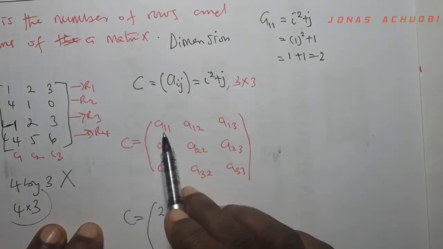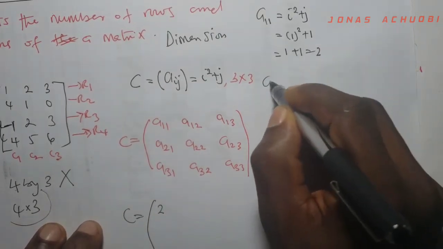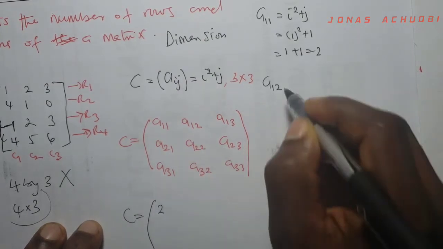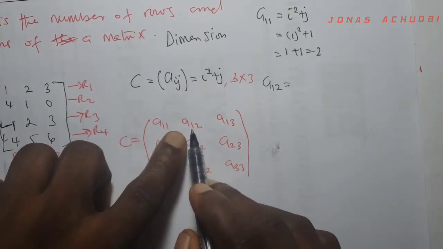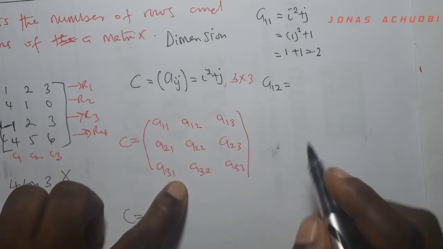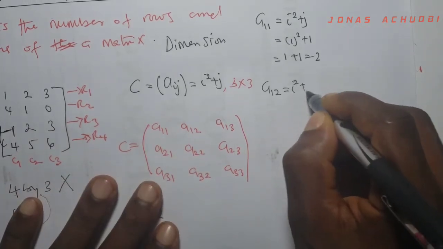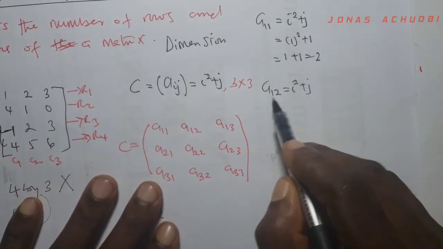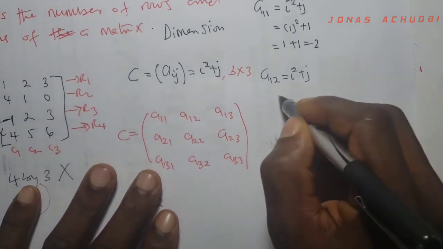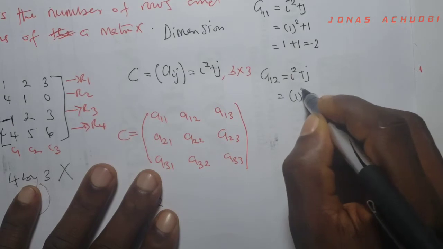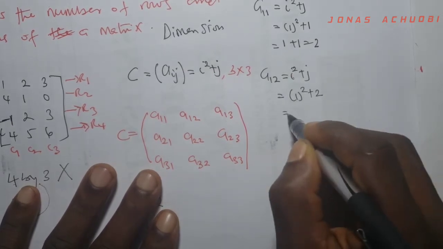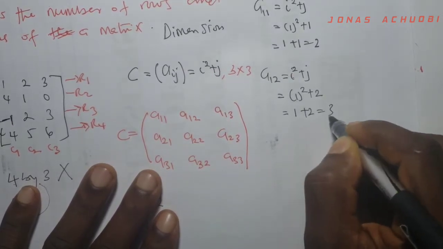Likewise, you can get the second entry, A12, as the entry in row 1 and column 2. Now our formula I squared plus J: I is the row position, which is 1, and J is 2. So that becomes 1 squared plus 2. 1 squared is 1, plus 2 is 3.